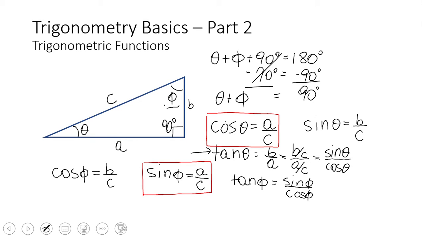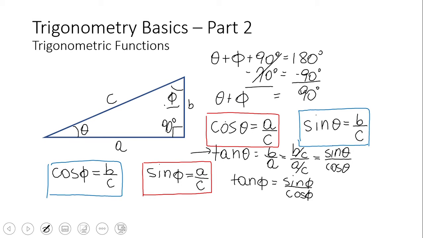Likewise, the sine of theta is B over C, which is the same as the cosine of phi. So we can say right away that depending on which angle we use, the sine and cosine are switched. What do I mean by that?